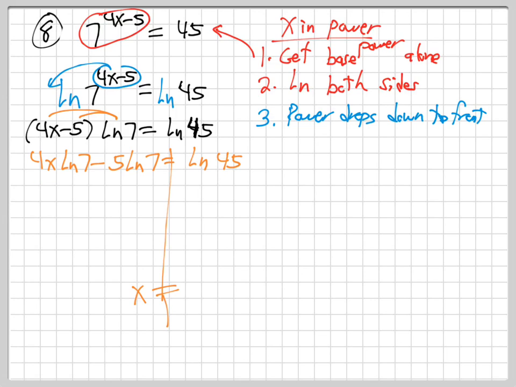So we do the opposite of everything to get x alone. So first we got to add this 5 ln 7 to both sides. That's the opposite of the fact that it's subtracted.